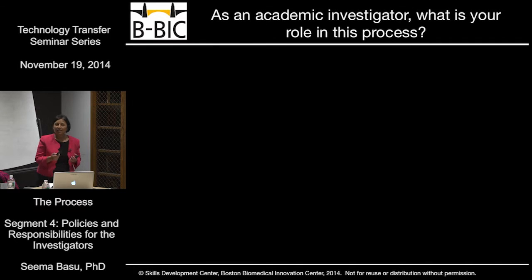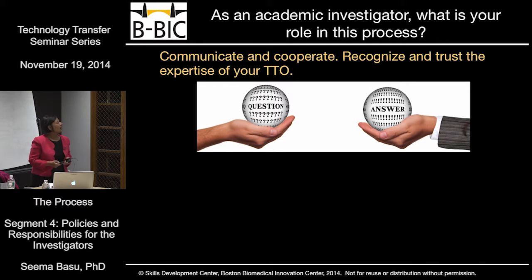So if this is the process and you are the inventor, you are at an academic institution, how should you see your role in this process? Most important things are to be collaborative with your technology transfer office.